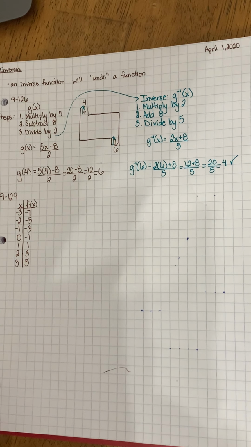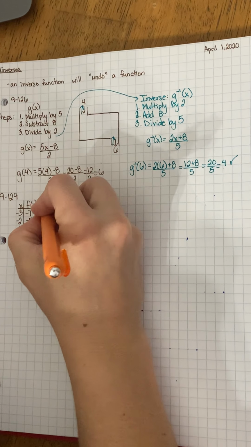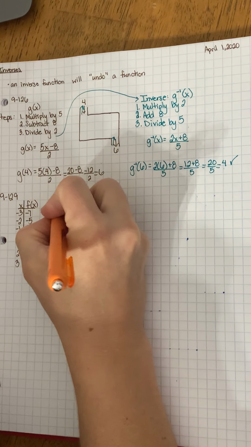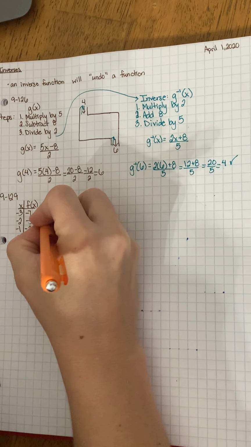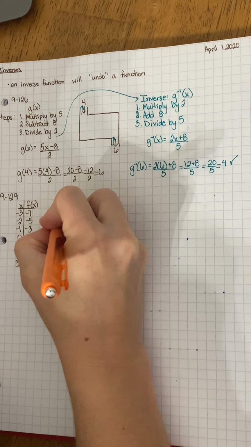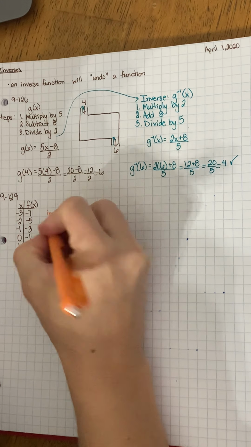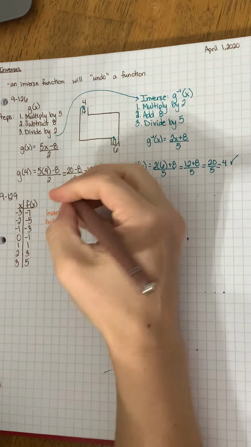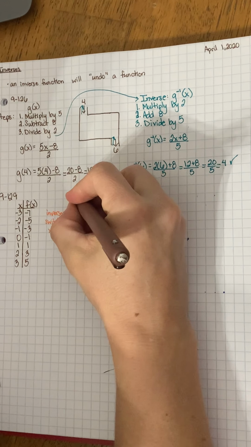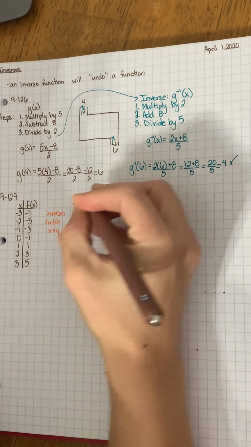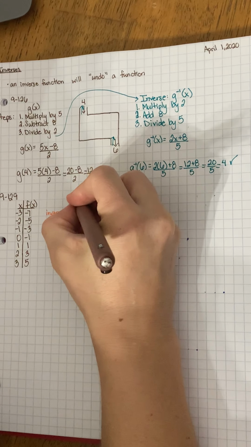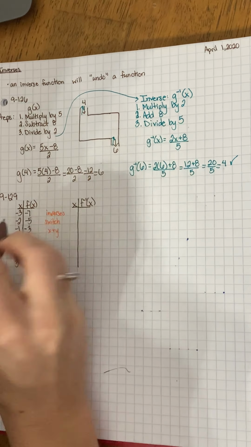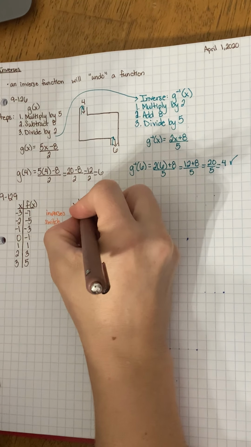So what inverses do is they switch x and y. And so f of x essentially is really the same thing as y. So our inverse here just takes the x column, and now that's the y column.